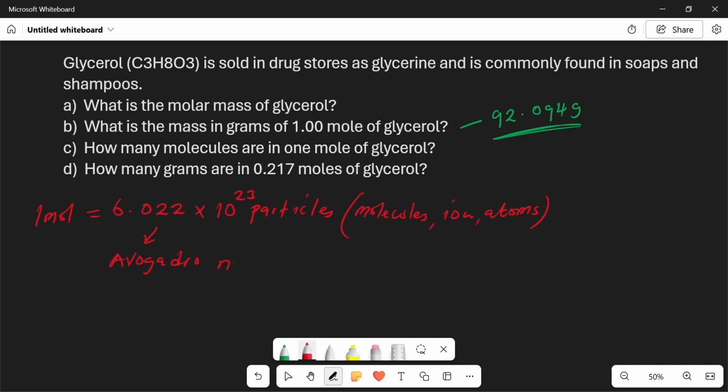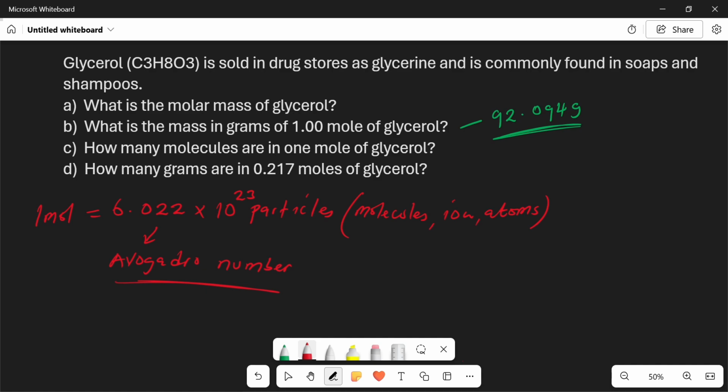This value here is what is called the Avogadro's constant. So what is this Avogadro's constant or Avogadro number? This is the number that shows how many particles are in 1 mole of a substance. And that number of particles is 6.022 times 10 to the power of 23 particles. Now, this is the value that helps us convert between moles, molecules, ions, and atoms.